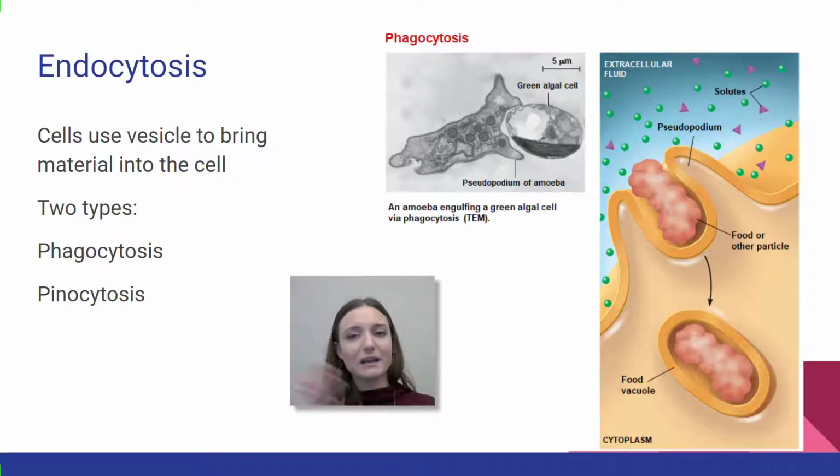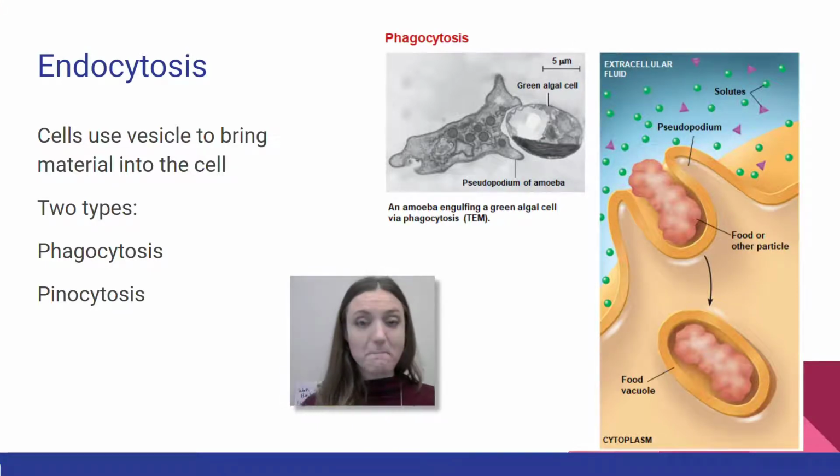So we kind of break up endocytosis into two types: phagocytosis and pinocytosis. Phagocytosis, so that prefix phage means eating. Cyto meaning cell. So cell eating is what phagocytosis means. So in this process, we're going to take the membrane, just like that macrophage that we saw, that membrane is going to extend around a food item or whatever it wants to eat.